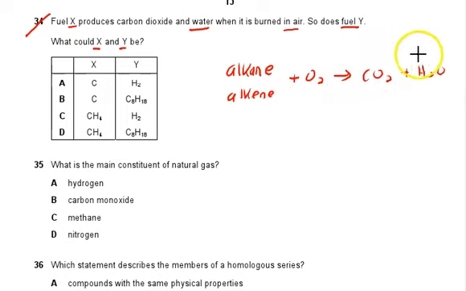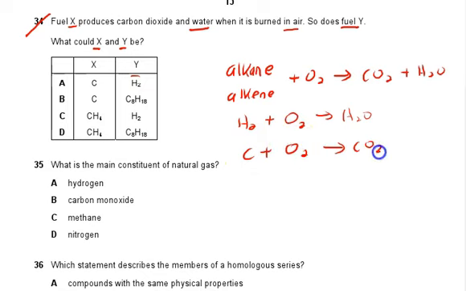This is a complete combustion. When hydrogen reacts with oxygen, you will produce only water. And when carbon reacts with oxygen, you will produce carbon dioxide. So there is no pure carbon and no pure hydrogen here, because they need to produce carbon dioxide and water. So the best answer here will be D.